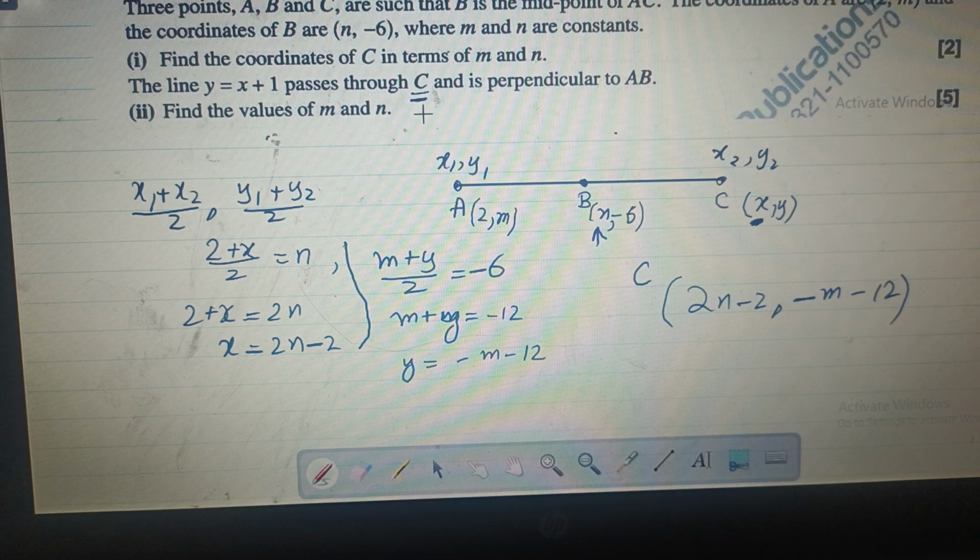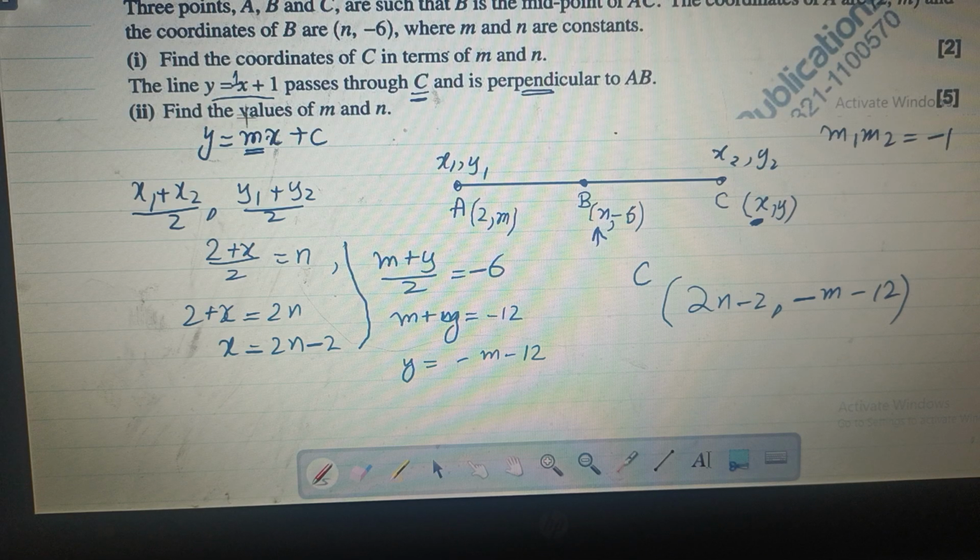Yes, yes. And we will equate that gradient with minus 1, because this is the condition in which the lines are perpendicular. So for that equation AB, it means m1 m2 is equal to minus 1. From this equation, when I compare it with y is equal to mx plus c, my m is 1 over here.